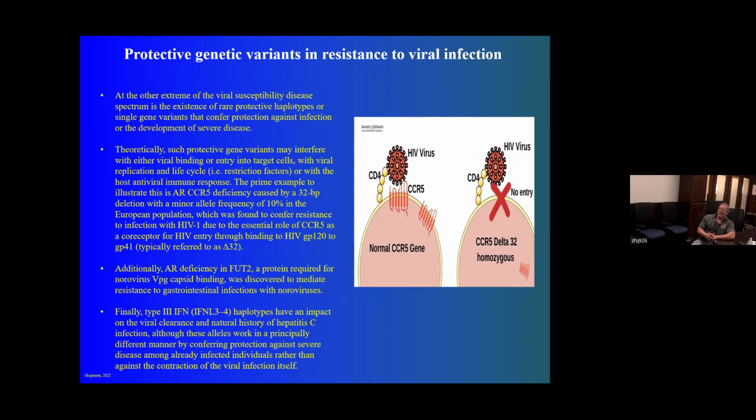So we have identified some individuals in the global population that contain genetic mutations within their immune system that actually give them protection or some benefit within the context of infections, and particularly within the context of being susceptible to infection with HIV.